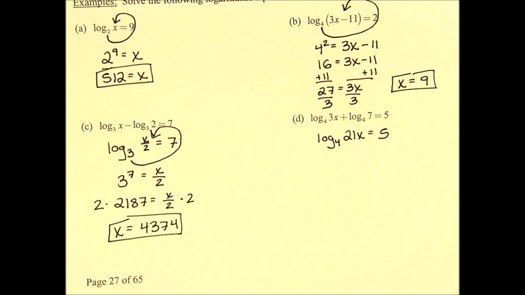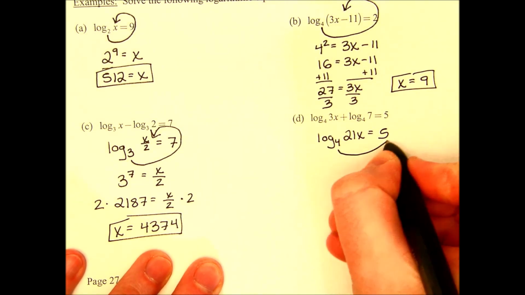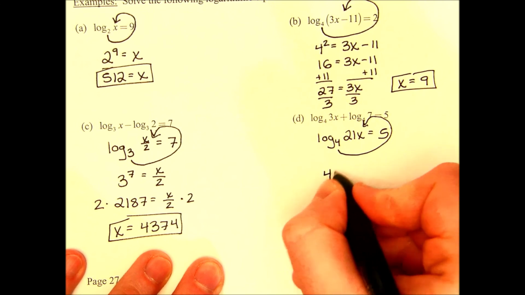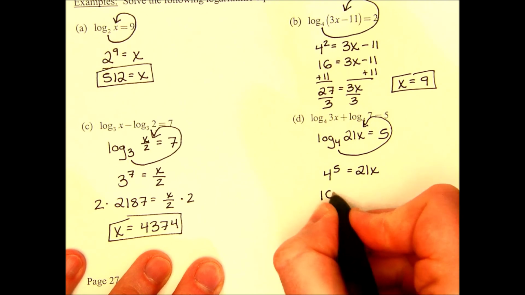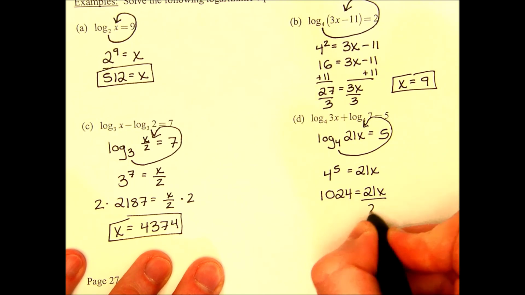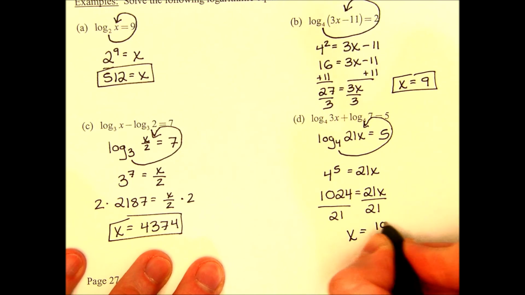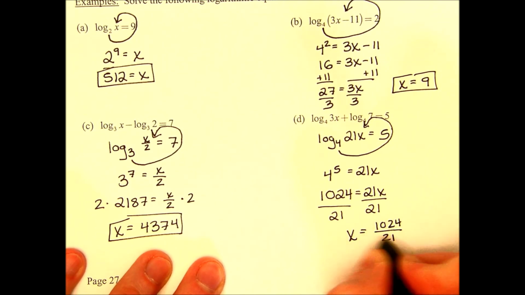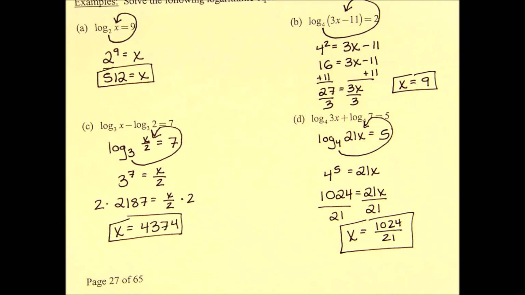Give me a fraction, don't give me a rounded decimal for this one. 1,024 over 21.